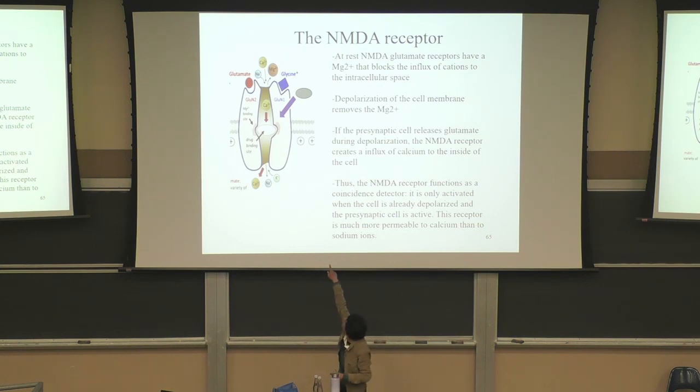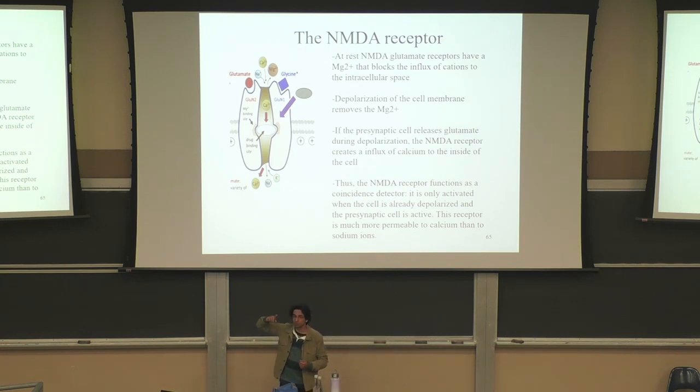And that's because if you see, there's a little channel because it's an ionotropic receptor. So that central pore is through where the ions will go. But there's sort of a clog on the pore. And the clog is a magnesium ion, which is this ellipsoid thing in the middle. And the magnesium ion sits in the pore like a clog inside of some plumbing and impedes the flow of the ions.